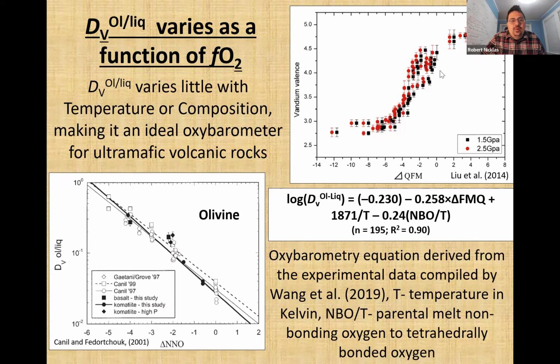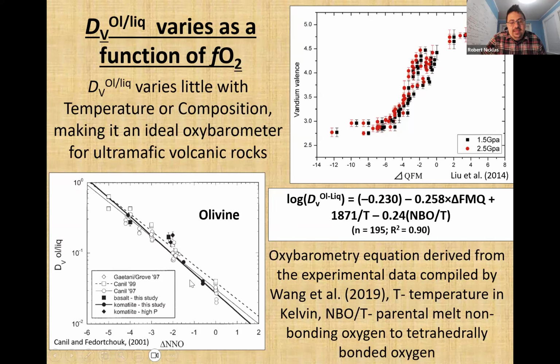What has been found extensively from experiments is that the partition coefficient of vanadium, a redox sensitive element, into olivine over melt varies very strongly as a function of FO2. This is FO2 in log units relative to the nickel-nickel oxide buffer, and this is the partition coefficient of vanadium into olivine.